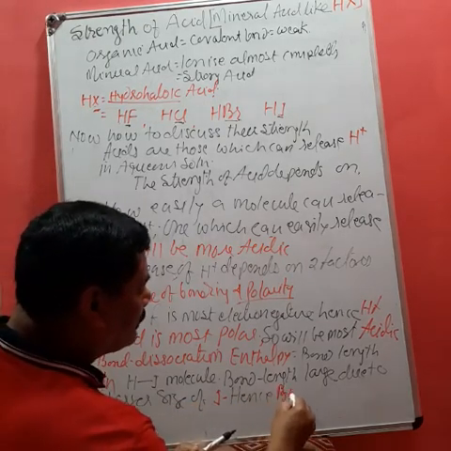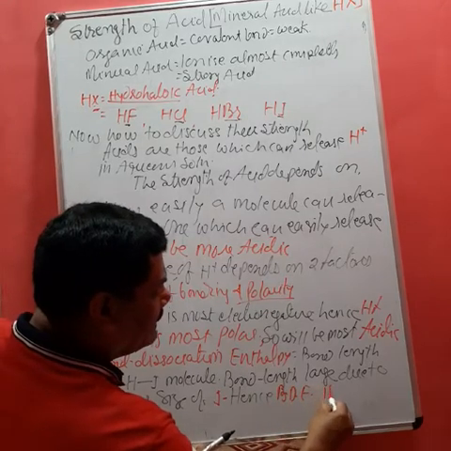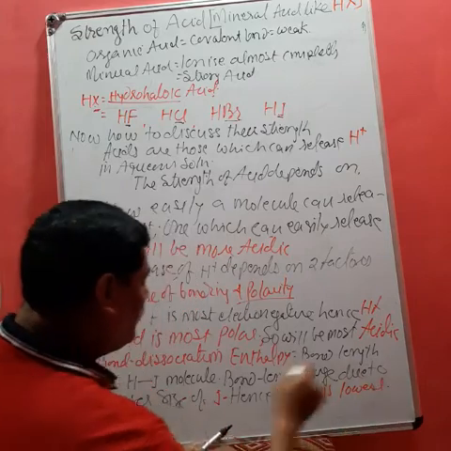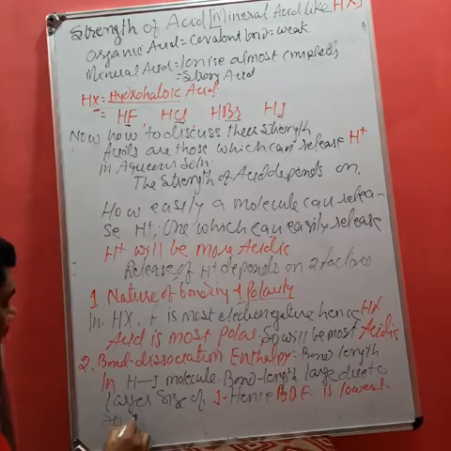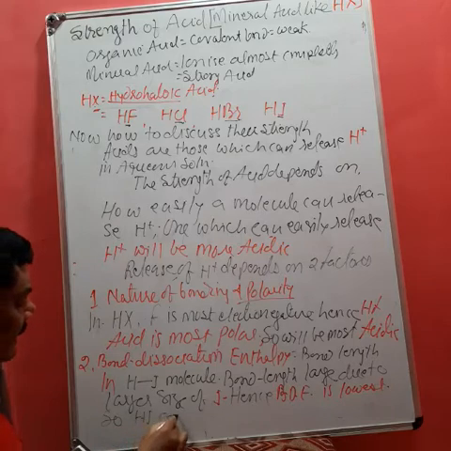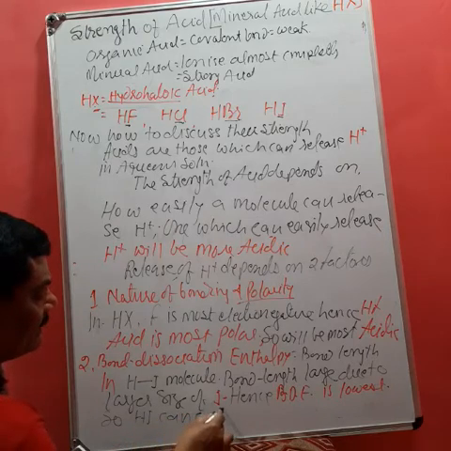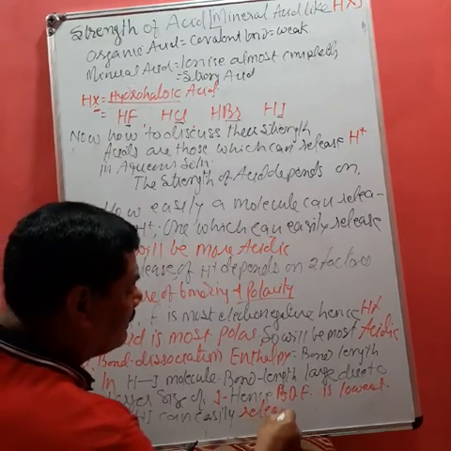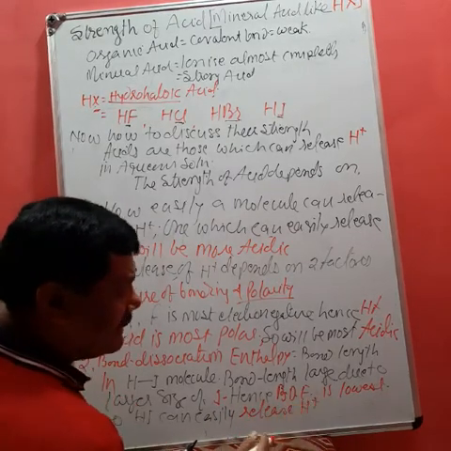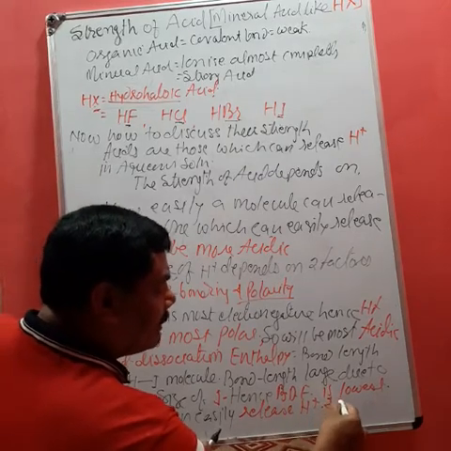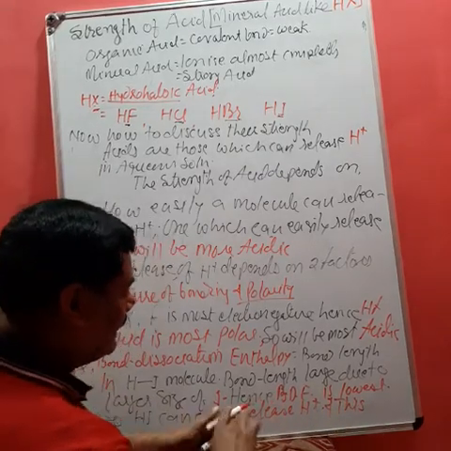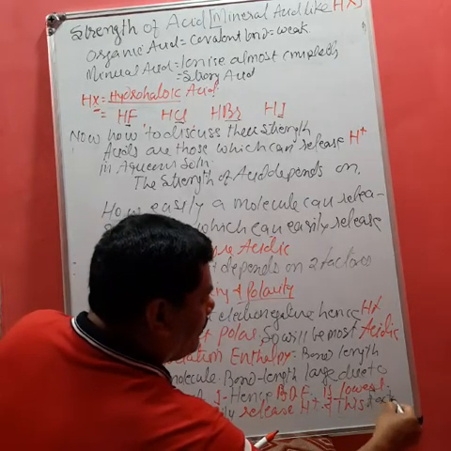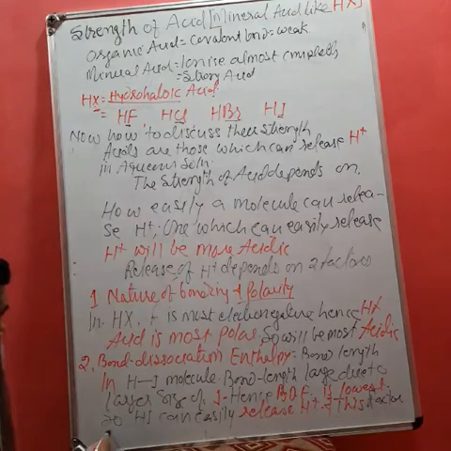hence bond dissociation enthalpy is what? Lowest. So HI can easily release what? H cation. Can easily release H cation. And this factor dominates over the first factor.